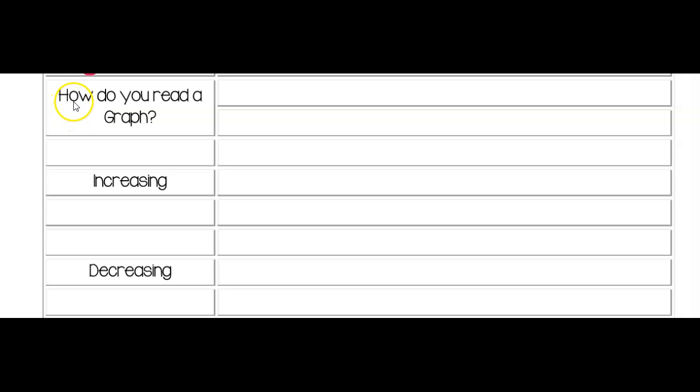Okay, so let's talk about how you read a graph. When you read a graph, it's the same thing as reading a book. You read from left to right. So what does it mean to be increasing? Well, you can think of increasing as positive slope.